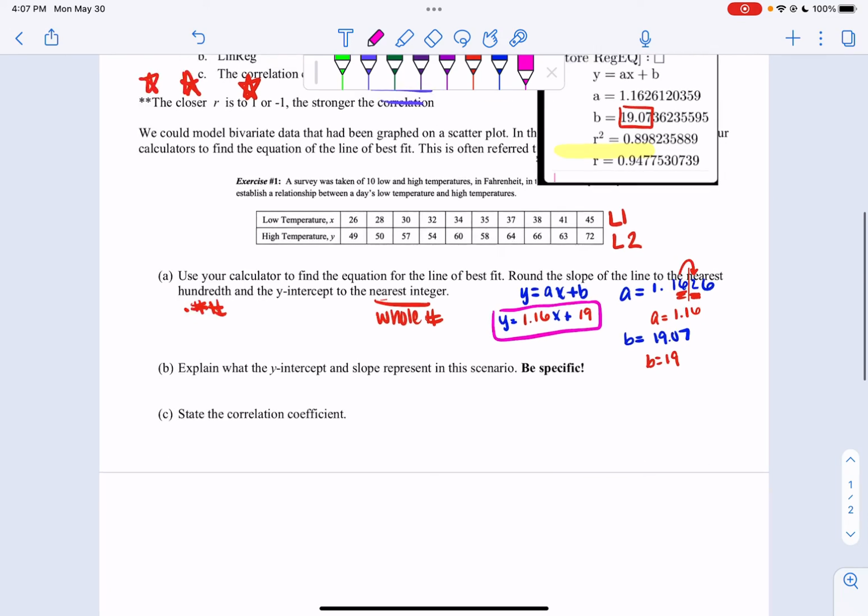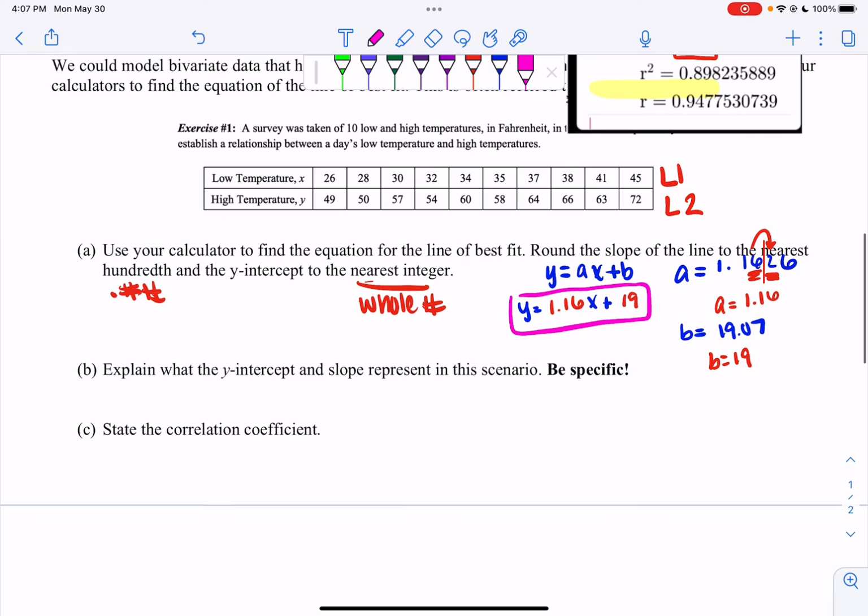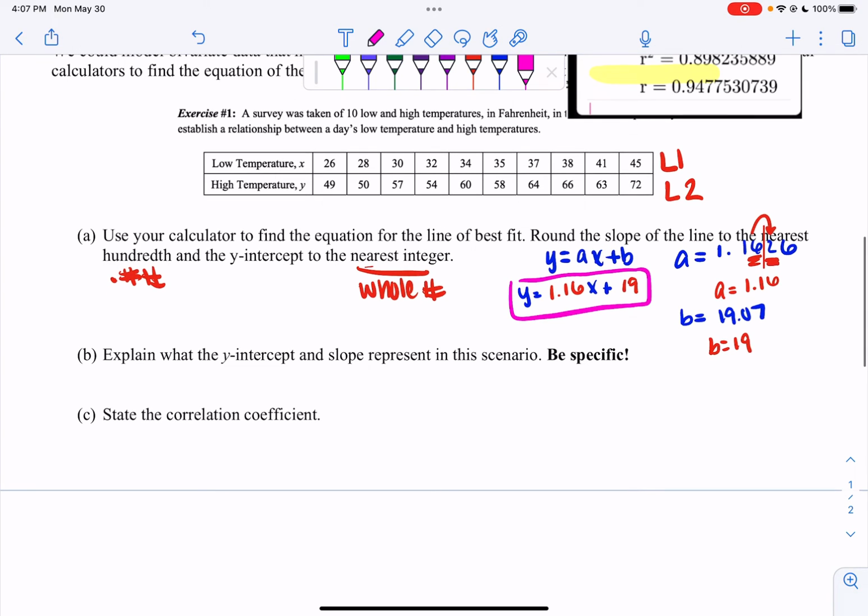Now, part B says, explain what the y-intercept and slope represent in this scenario. So if I look, my y-intercept is basically telling me my initial value. So if I'm telling you that my y-intercept is 19, that's basically telling you that my temperature was initially 19 degrees. Or my initial high temperature was 19 degrees, because that's a y value.